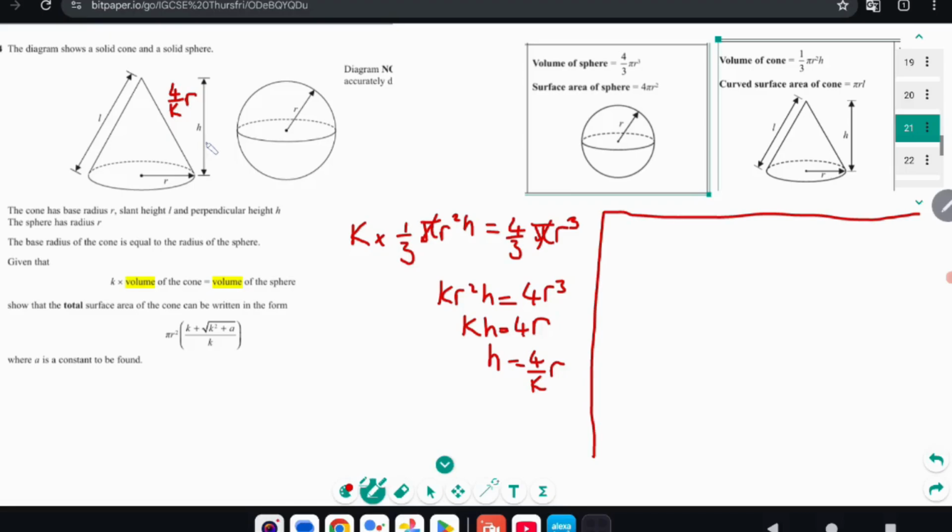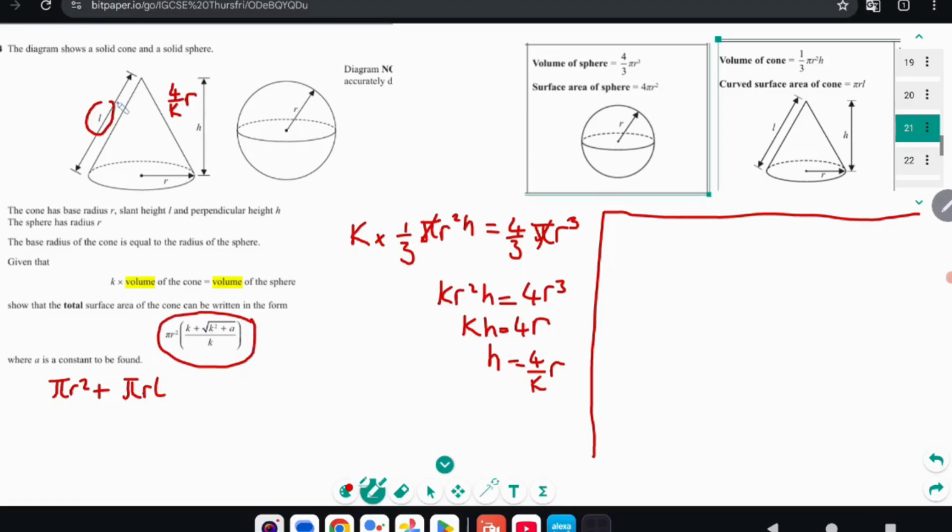Total surface area of a cone is pi r squared for the circle plus pi r l, where l is the slant height here. And again, in our answer, there is no l.